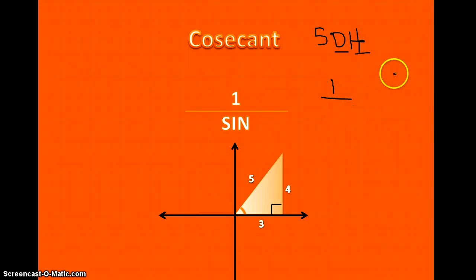So this is going to be 3 over 5. So 3/5, which equals 0.6 as a decimal, which we normally don't convert to decimals, but for this we will. And then this just goes right under here, so you would do 0.6 in your calculator, and it would give you your answer for your cosecant.